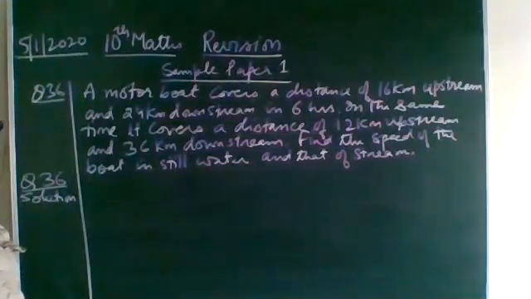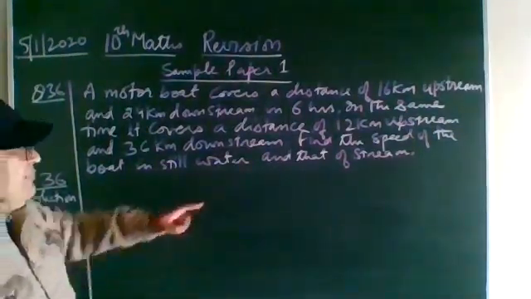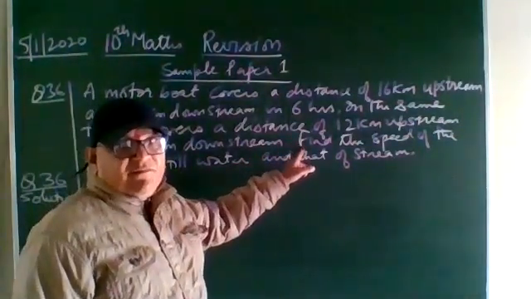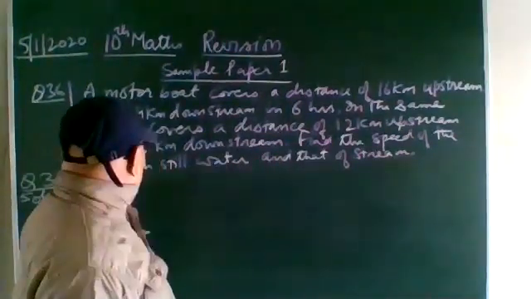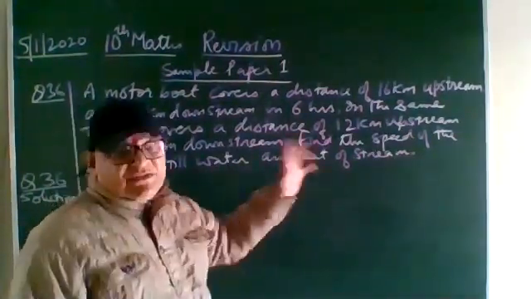Now read the question properly. A motorboat covers a distance of 16 km upstream and 24 km downstream in 6 hours. In the same time, it covers a distance of 12 km upstream, 36 km downstream. Find the speed of the boat in still water and that of the stream. Here you have to remember what you have to find out: the speed of the boat in still water and that of the stream.